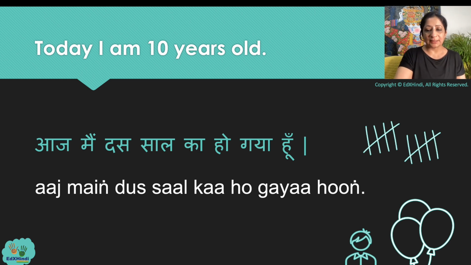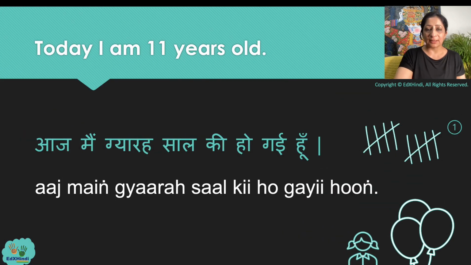Now let's see if the girl has to give an answer or reply to this question, how will we do that in Hindi? If the girl speaker says, today I'm 11 years old. In Hindi, she will say, आज मैं 11 साल की हो गई हूँ. आज मैं 11 साल की हो गई हूँ.